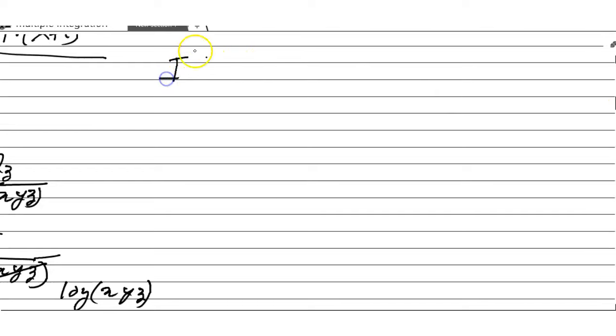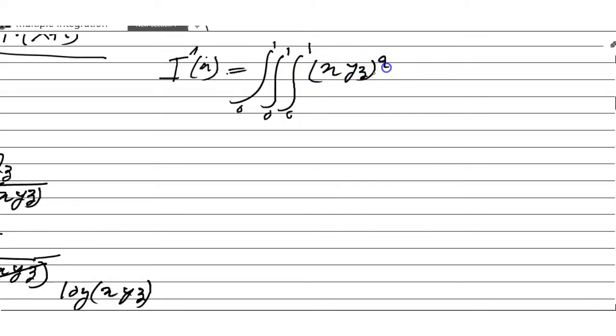So I double dash a is equal to the triple integration 0 to 1, 0 to 1, and 0 to 1, (xyz) whole to the power a and 1 plus x square y square z square, dx dy into dz.